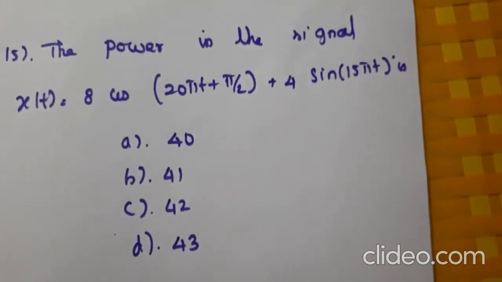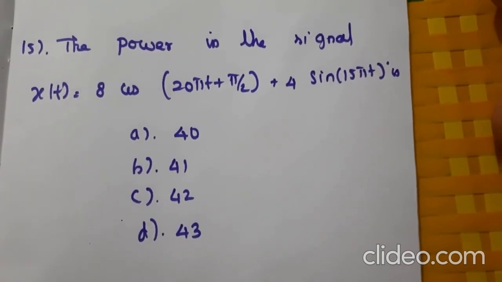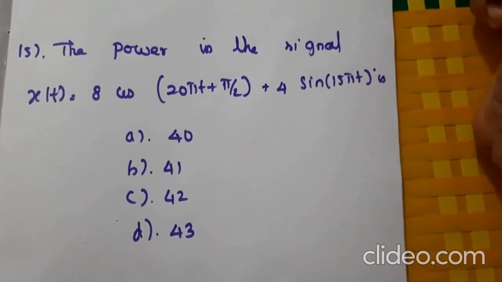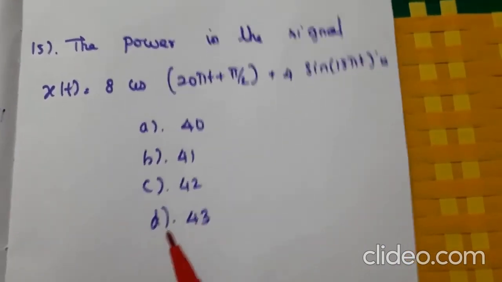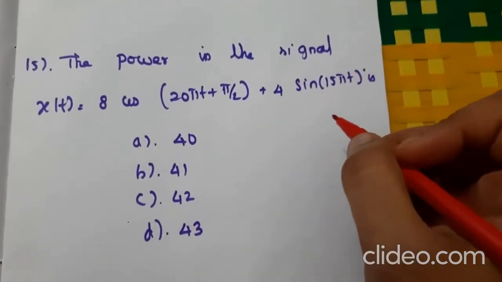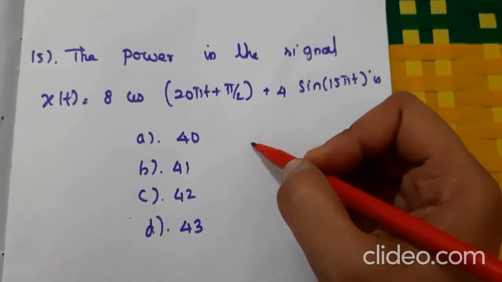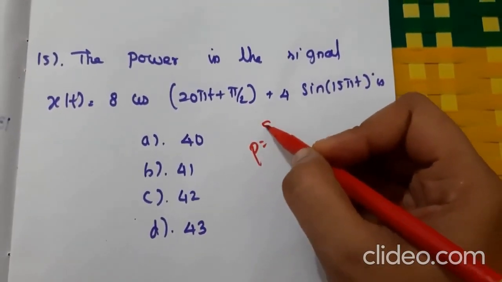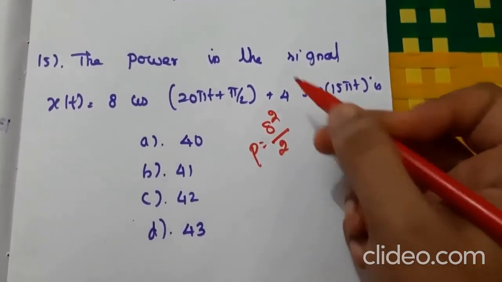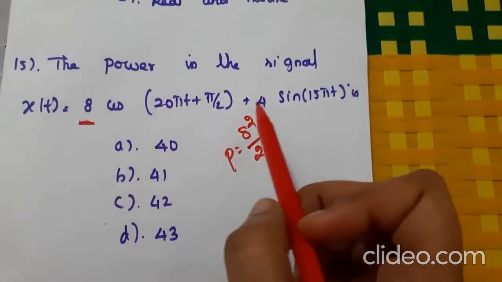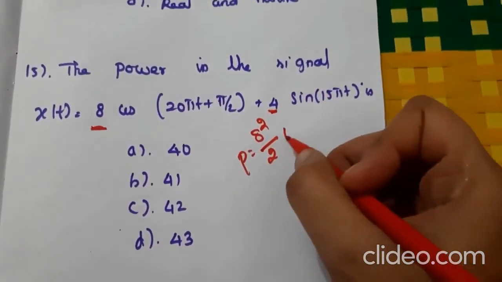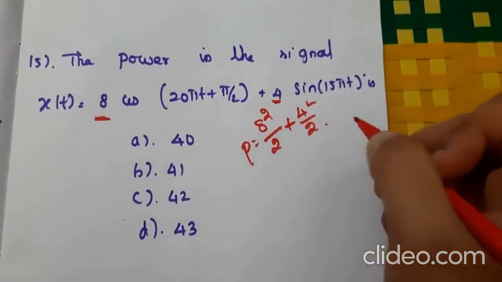And 15th and final question, the power in the signal x of t is equal to 8 cos(20 pi t plus pi by 2) plus 4 sin 15 pi t is. And we solved this type of question earlier. The formula here is power, that is equal to 8 square by 2 plus 4 square by 2.